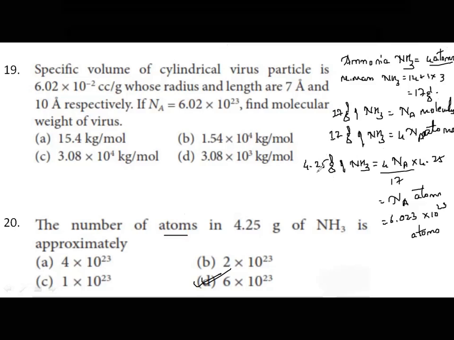But they have asked it for 4.25 grams of NH3. So it will be 4 into Avogadro number divided by 17 molecular mass into given mass 4.25. Solve it out. 4 fours are 16.25 and divided by 17 almost comes out to 1 into Avogadro number of atoms. And Avogadro number is 6.023 into 10 raised to 23. This is the correct option.